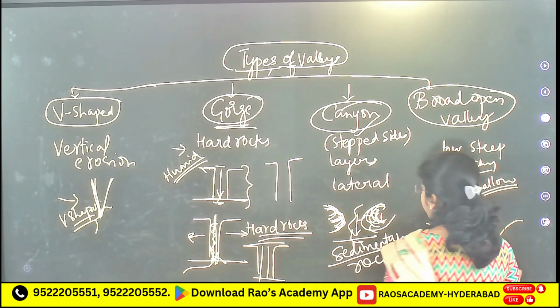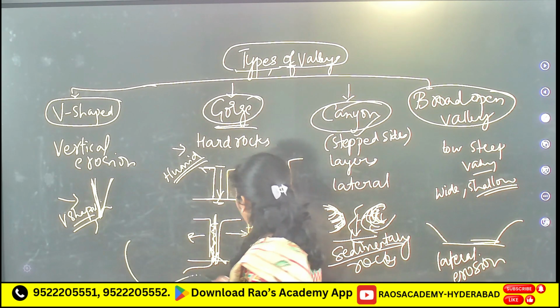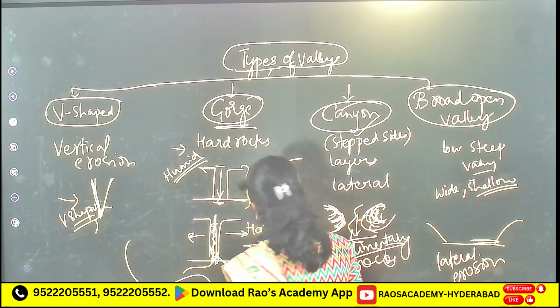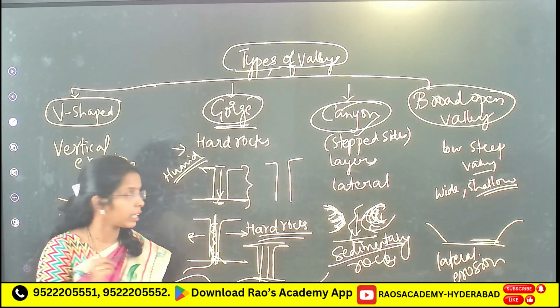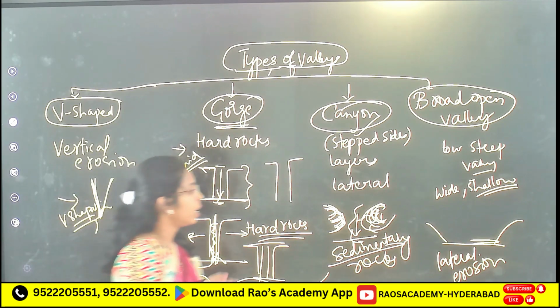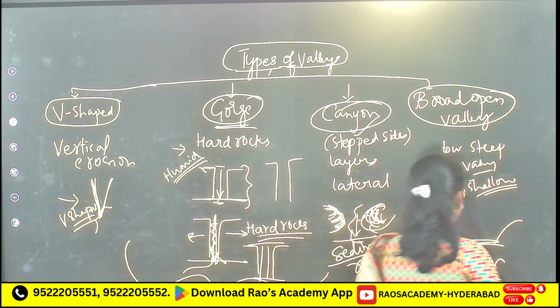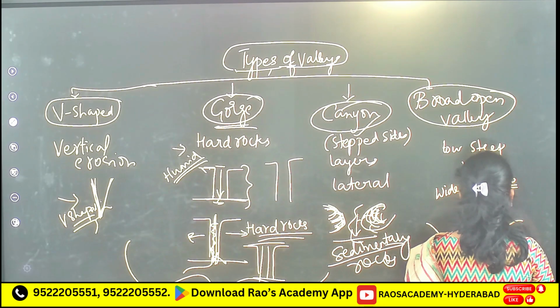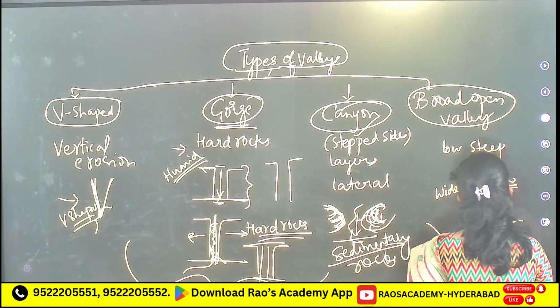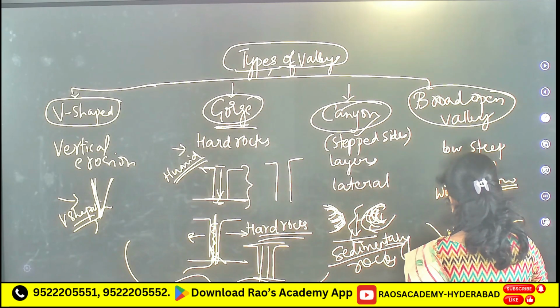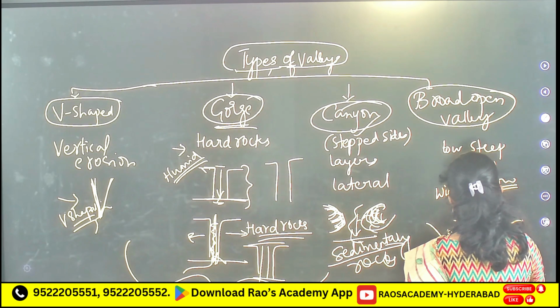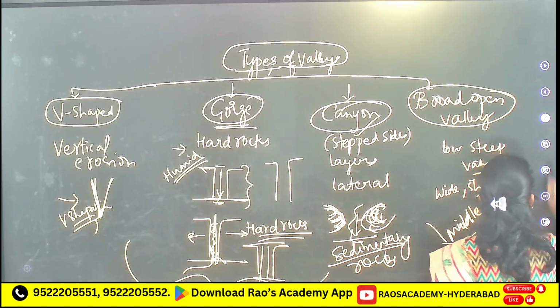In these three you will see vertical erosion. Lateral erosion is also there, but strong vertical erosion you will see in V-shaped valley, gorge and canyon. But in broad open valleys, lateral erosion dominates. And this you will see in the middle course.